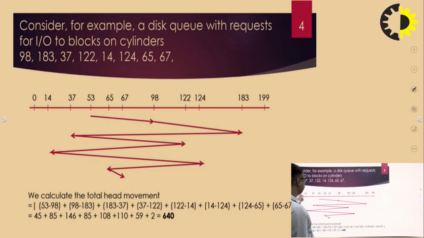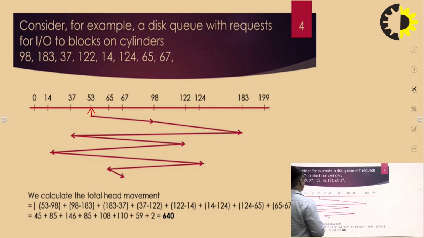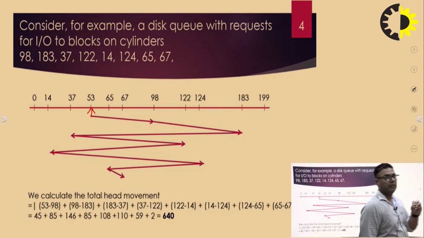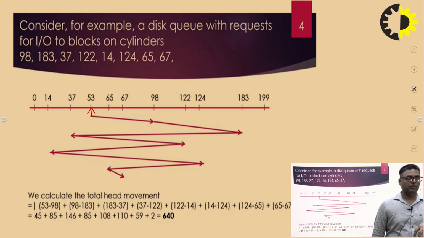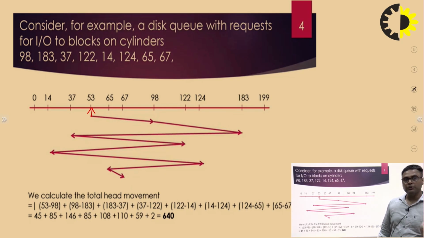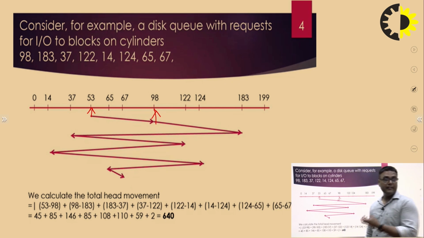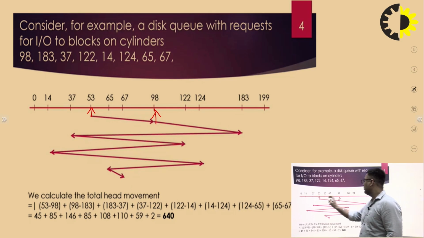The first data requested is at 98. The head is initially at position 53, and the first data is asked from sector 98. So the head moves from position 53 to position 98 and collects the data, and then the time is taken from 98 to the next request.